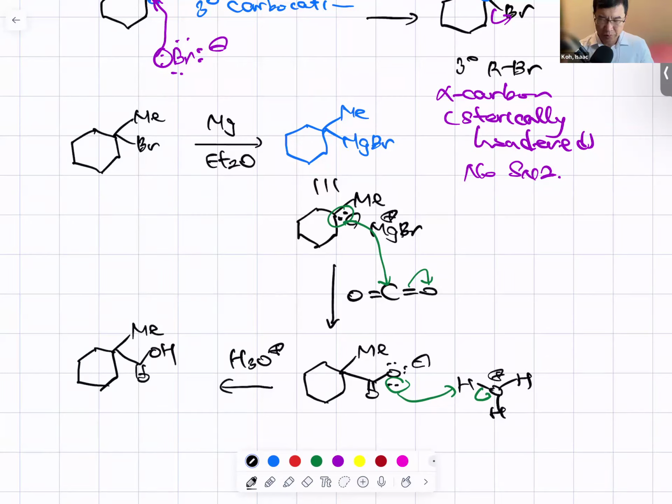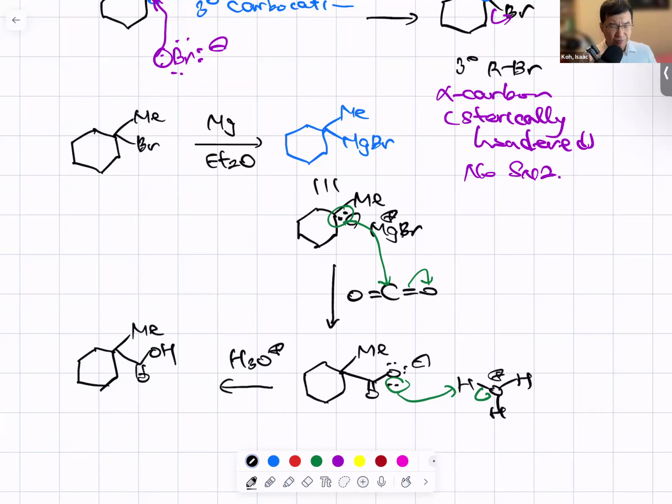Okay, so we have two different methods. We can use the Grignard reaction followed by dry ice and acidic workup to elongate the carbon skeleton by one carbon and introduce the carboxylic acid functional group. Or we can use sodium cyanide or potassium cyanide followed by acidic conditions and heating at reflux temperature for 1 hour, 2 hours.